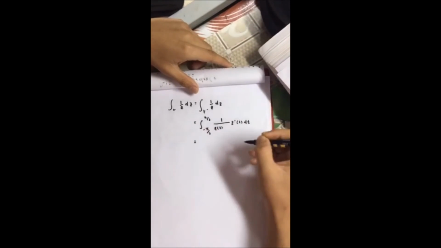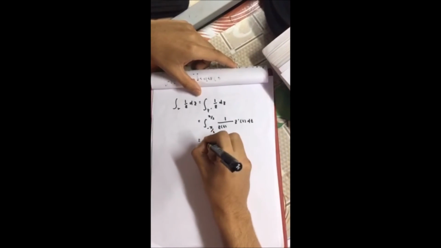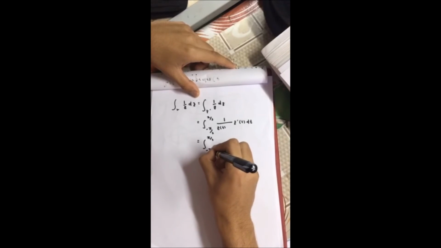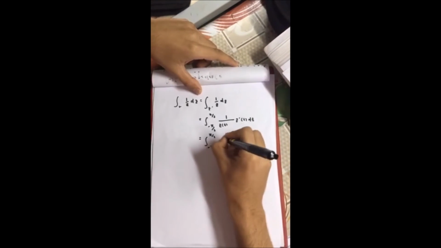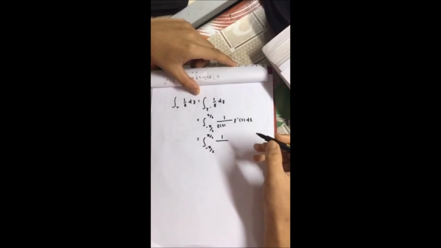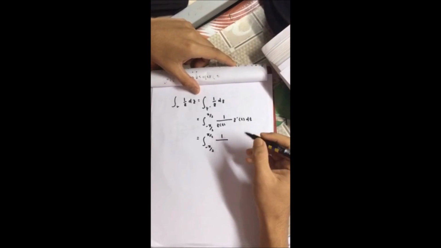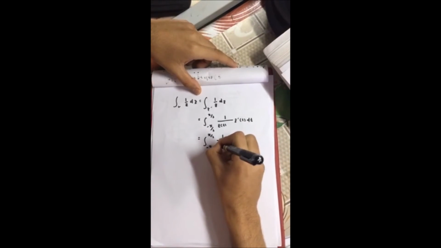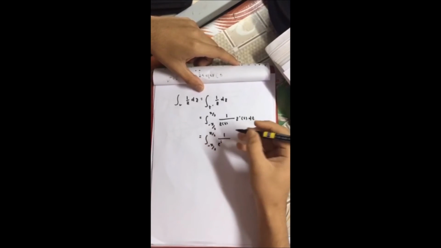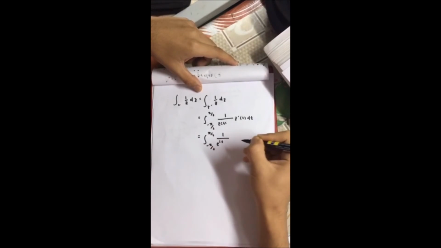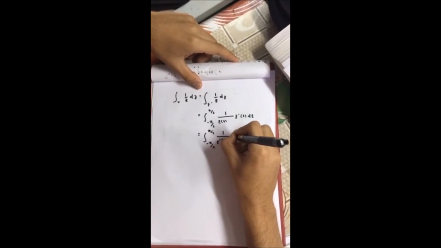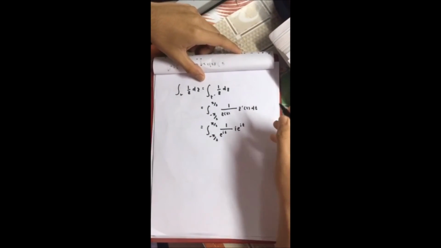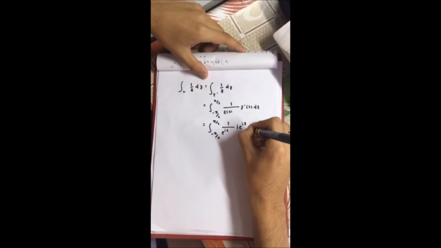Okay, then, substituting exponent i t for z and z bar(t), 1 over exponent i t times i times exponent i t dt.